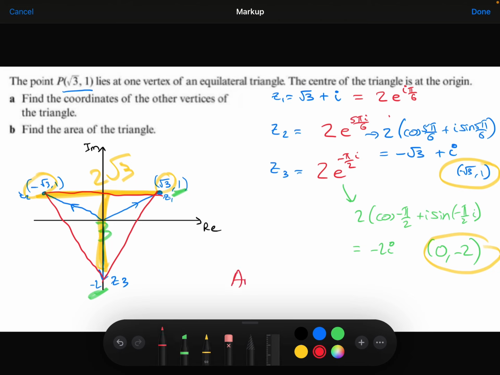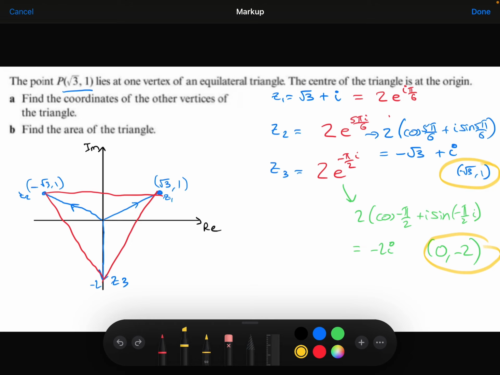So the area of that triangle, half base times height, gives 3 root 3. That worked out quite nicely because we had quite clearly a perpendicular height and base.